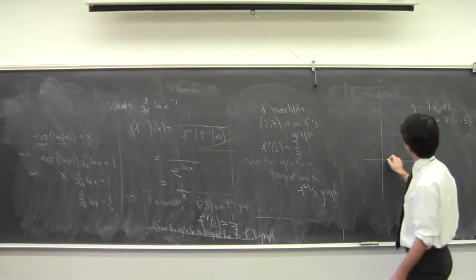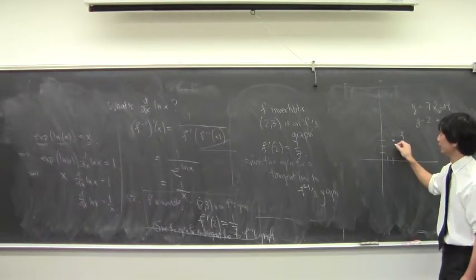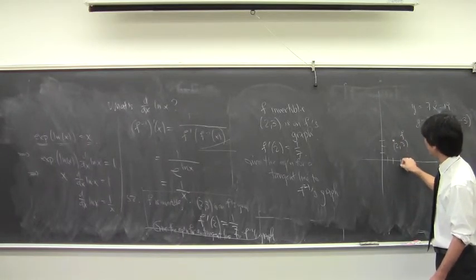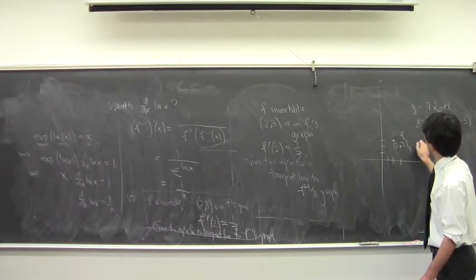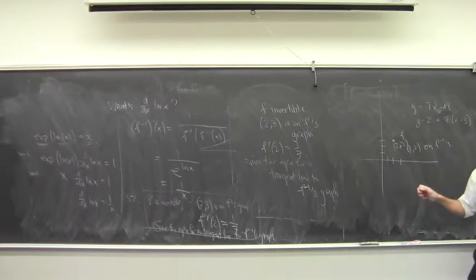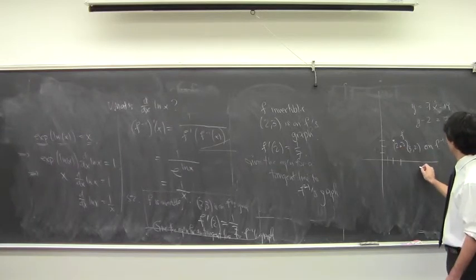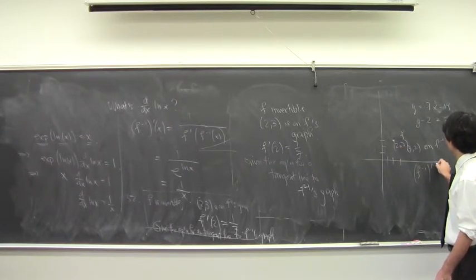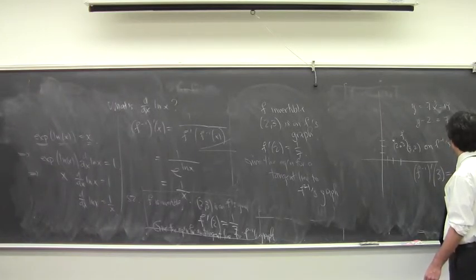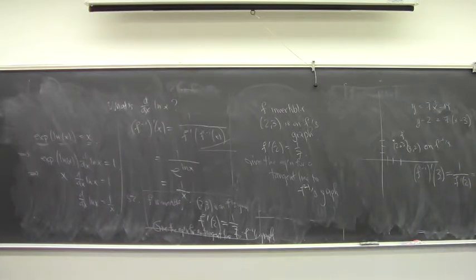Because you know that 2, 3 is on the graph of f, so you know that 3, 2 is on f inverse's graph. 3, 2 is on the graph of f inverse, and you know the slope there is going to be 7. f inverse prime at 3 is going to be 1 over f prime at 2, that's to say 1 over 1/7.